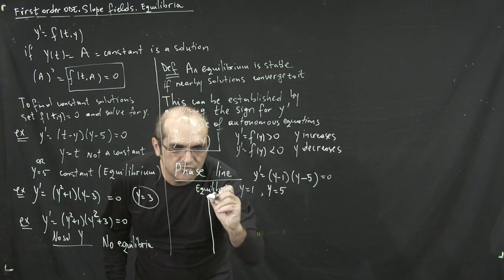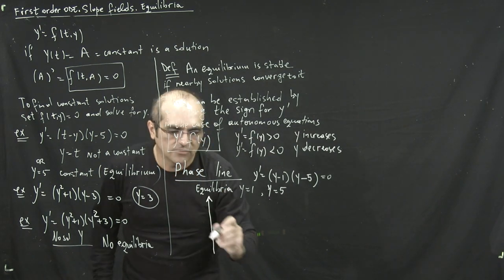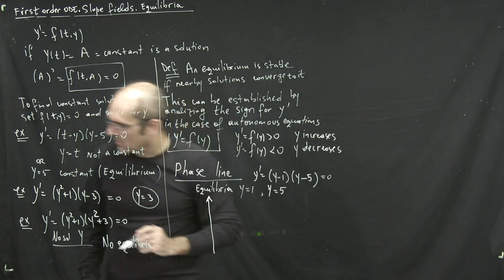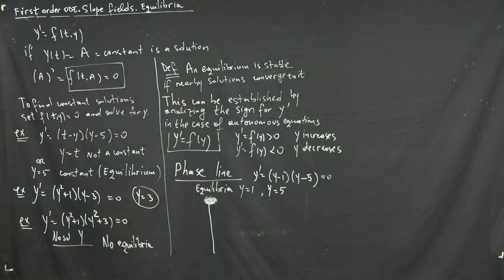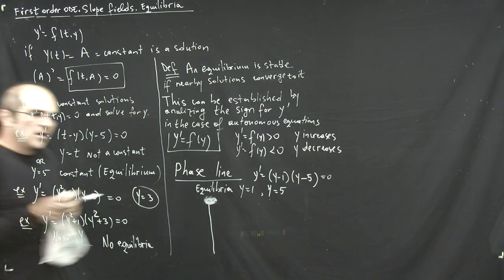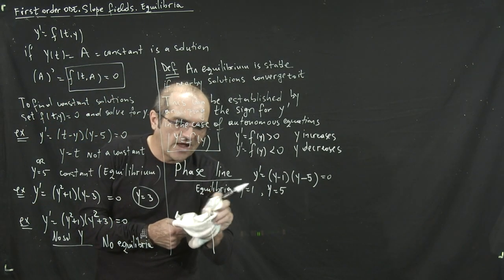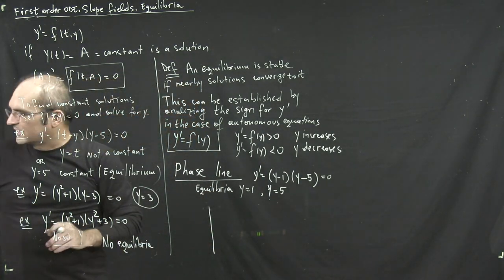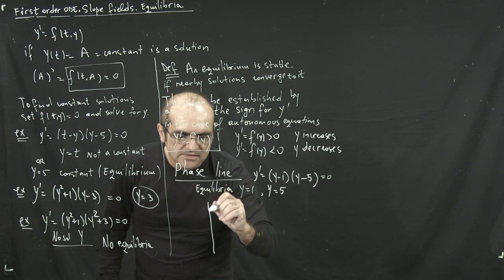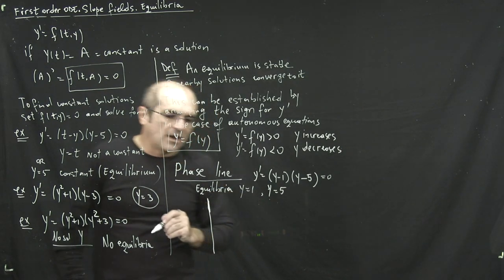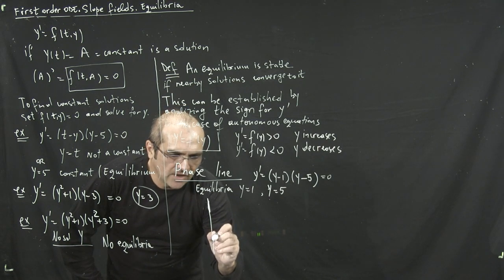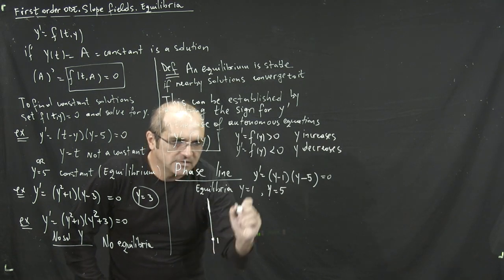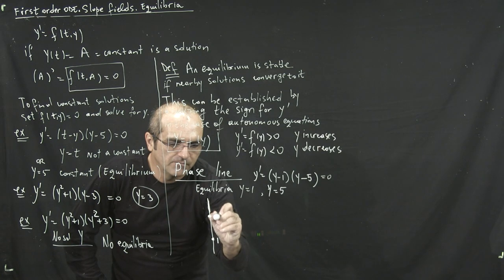I typically like to draw this vertically, although it doesn't matter, because the y values are typically represented on the vertical line, right, on the y-axis? So sketch first or label first the equilibrium values. Let's say 1 in this case and 5 over here.